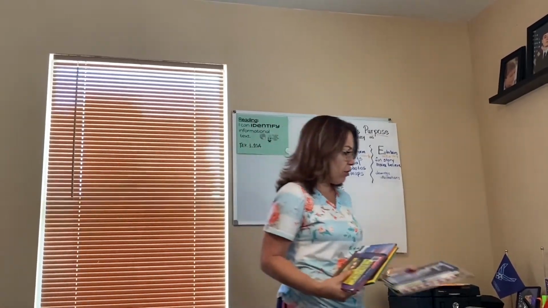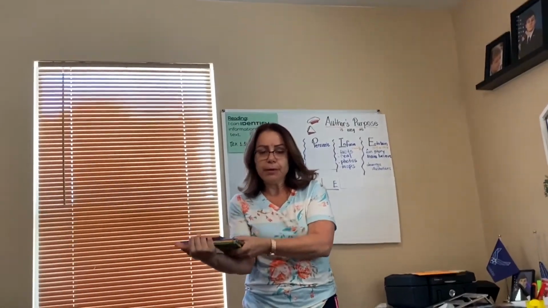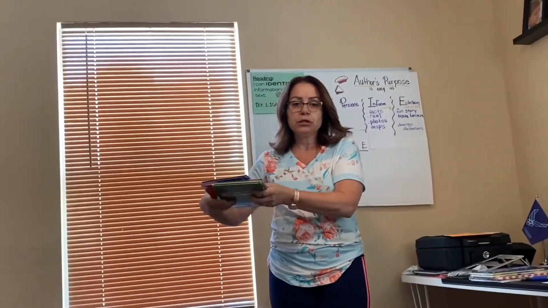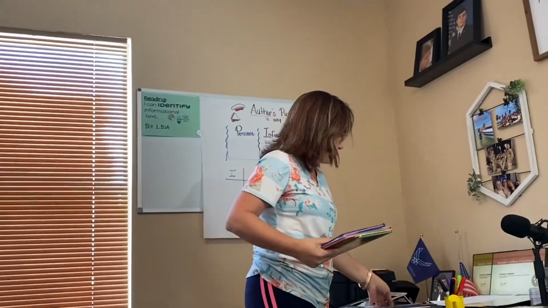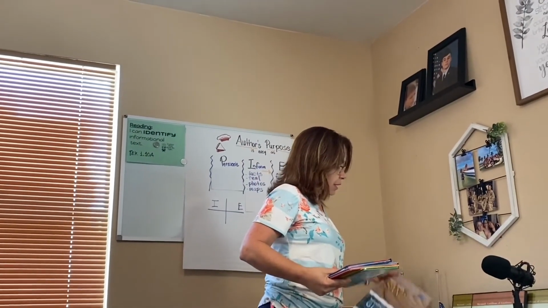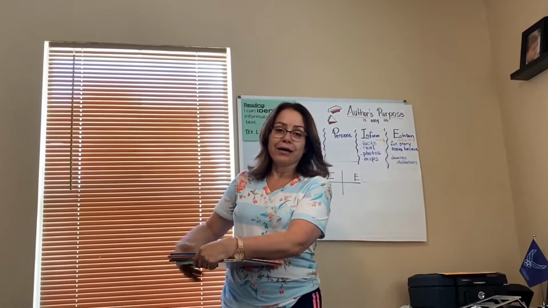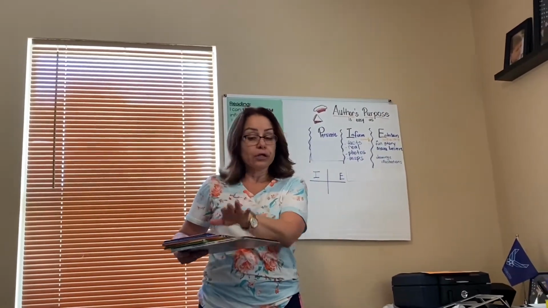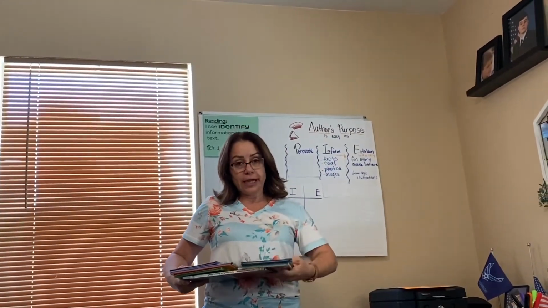Let's say these are all my informational books, okay? I made a pile, and I'm gonna put it here on my whiteboard. Let's pretend this is your whiteboard, and you wrote an I right here, okay? On the other side, you can put the pile of books that you think are to entertain, all right?